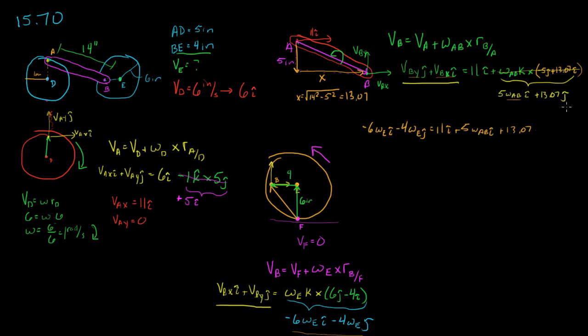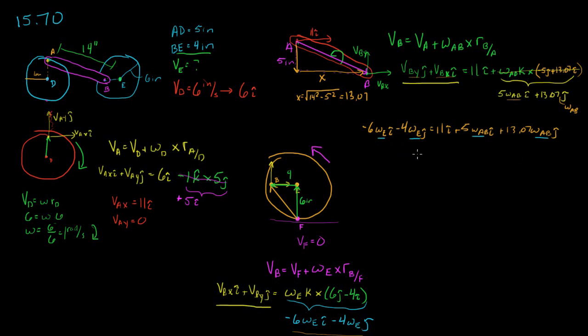Did I forget an omega in this equation? Yes, I did. Omega AB. So omega AB j. So now look at this. We have two unknowns. We have this omega E and we have this omega AB.